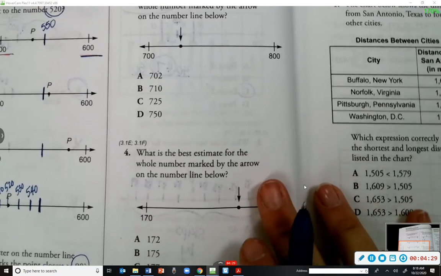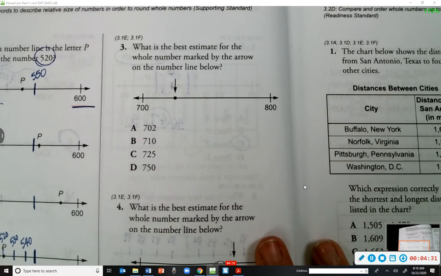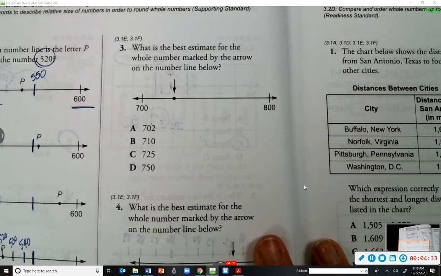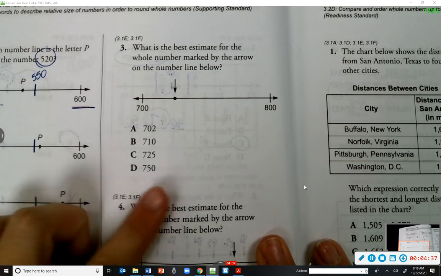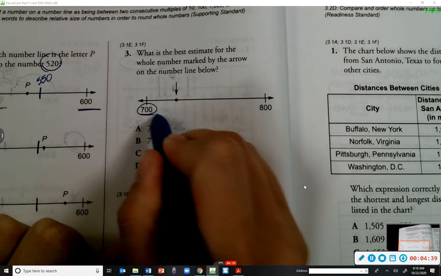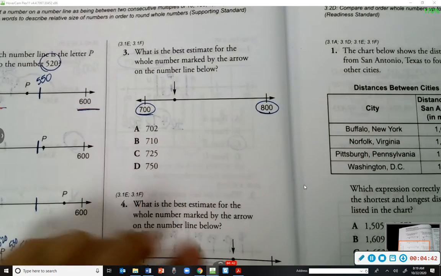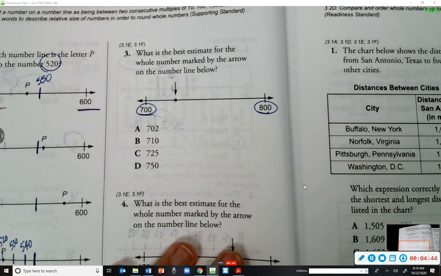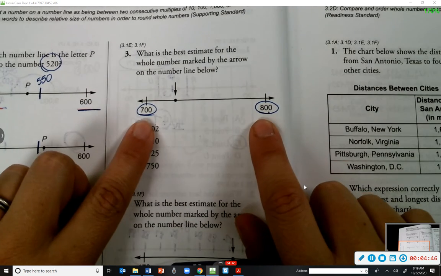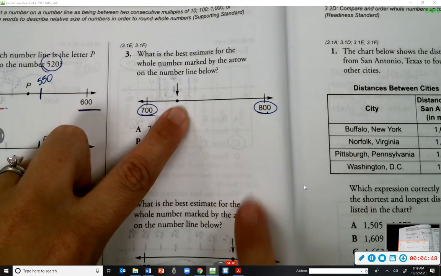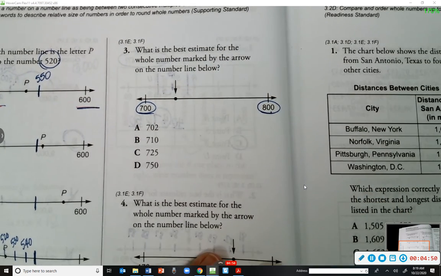Okay, number 3. What is the best estimate for the whole number marked by the arrow on the number line? Again, you've got to first look at the two numbers at the ends, figure out what they're skipping by, because if it had only been skipping by 10s, that would make a huge difference in what this dot would equal. But they're not skipping by 10.